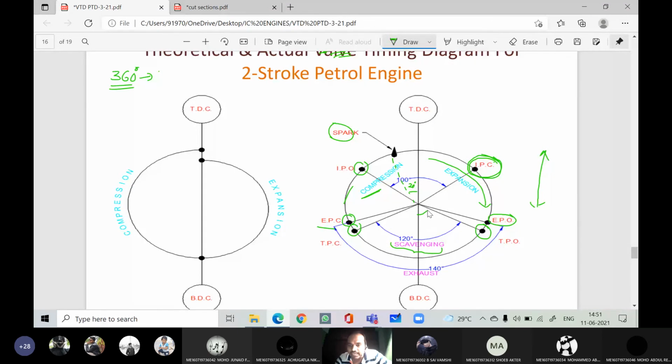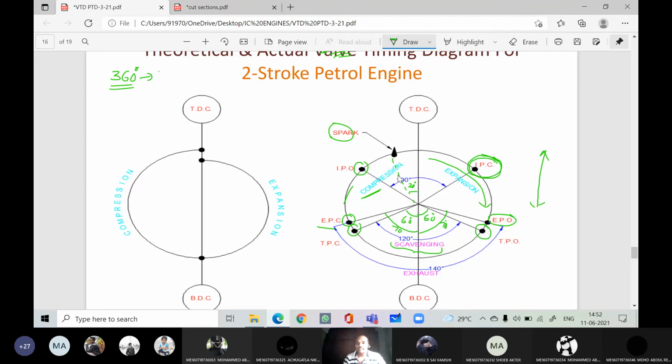Means here 120 degrees is equally divided. This is 60 degrees and this is 60 degrees, and this 140 degrees is also equally divided, and this is 70 degrees, and this angle is also 70 degrees. The total angle for exhaust is 140. The total angle for scavenging is 120 degrees. Yes or no? Yes, sir.